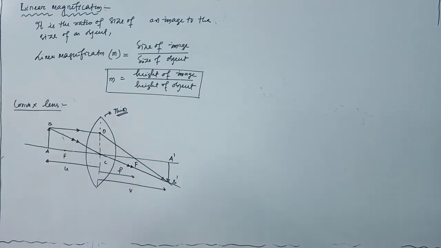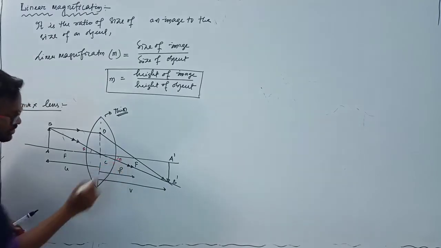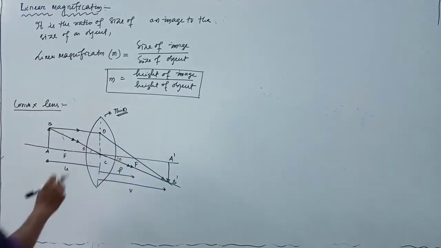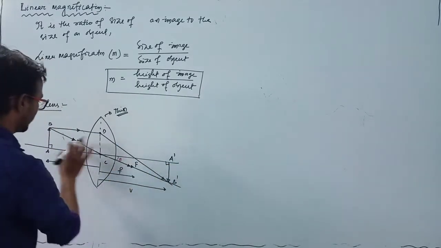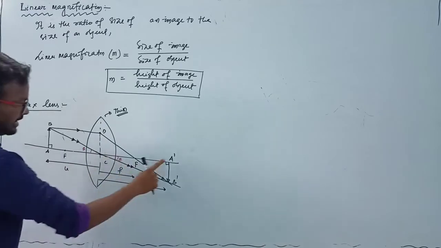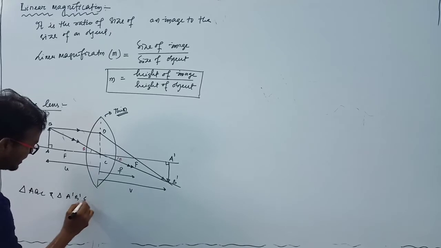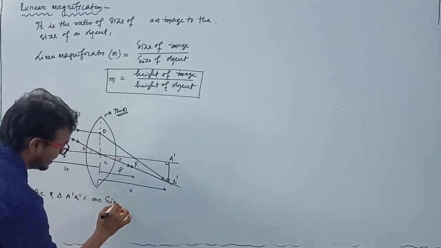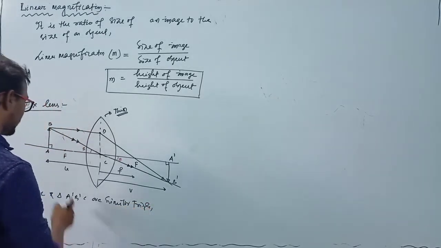So in this case we have to choose two similar triangles. Look at this triangle. If this angle is theta, then its vertical angle is also theta. So we have two similar triangles. This angle theta and theta, this angle is also 90, and here this angle is also 90. So these two are similar triangles. So you can write triangle ABC and triangle A dash B dash C are similar triangles, so we can use the similarity property.